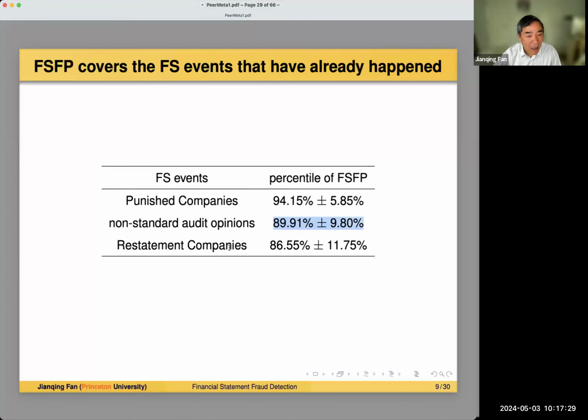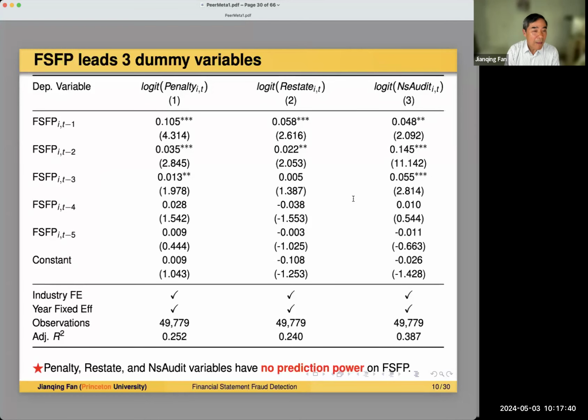And for restatements, as you can see, with different severity degrees, they have different percentile financial statement fraud. Now, the first question you may ask is, does financial statement fraud have predicting power for those dummy variables that are penalized by authorities or require restatements or are subject to non-standard auditing and so on?